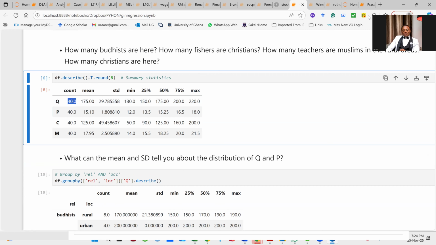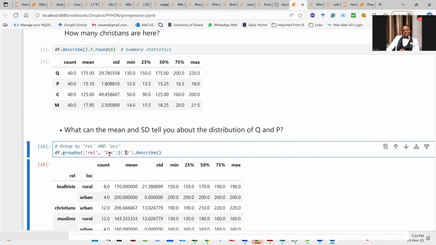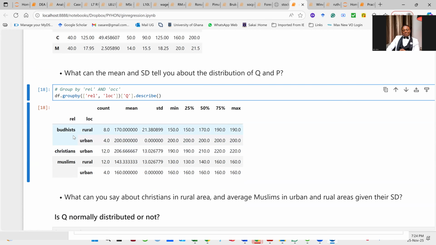But what if you want the descriptive statistics not for all the 40 samples, but for a few groups? For example, I want the quantity for those across different religions and across different locations. So look at it.